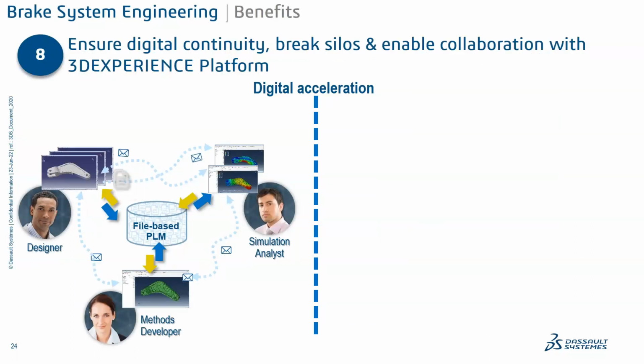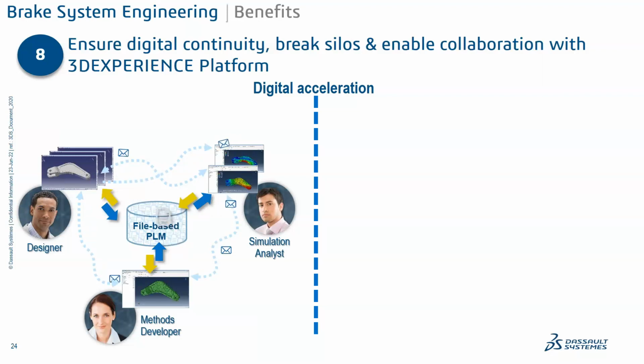With digital continuity and enabling collaboration through a model-based approach on a single platform, instead of the traditional approach where various engineering teams collaborate through emails or phone calls, and often rely on data translation in a file-based PLM approach, we offer a platform which offers seamless connectivity across all disciplines, whether it is CAD, CAE, or PLM.